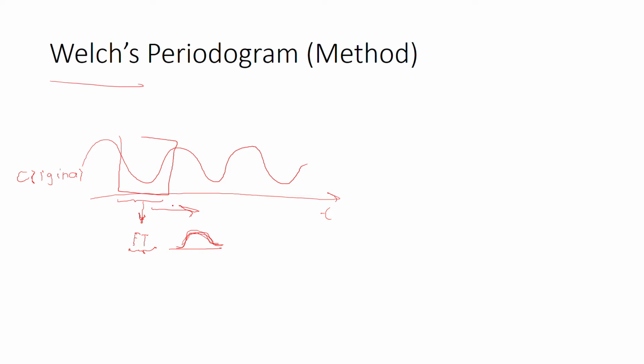At the end, once you average all of the Fourier transforms, it will give you the power spectral density, so the power at the end. This is a method for obtaining the power spectral density.